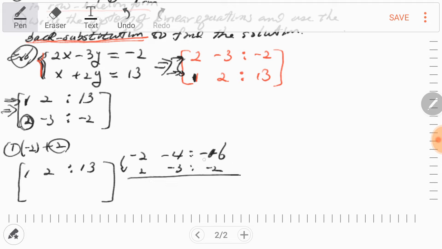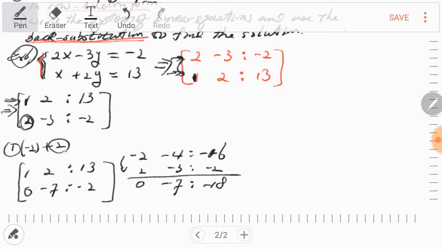Then the result is 0, -7, -18. So the second row is 0, -7, and am I doing this correctly?